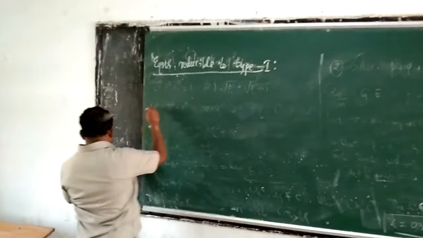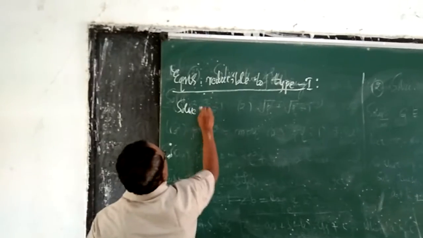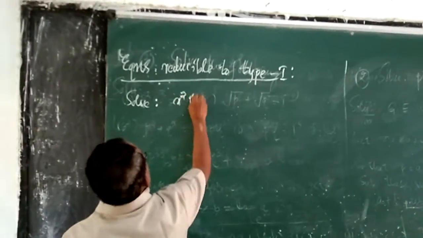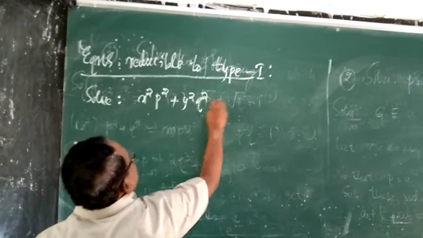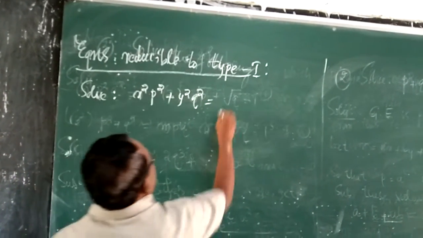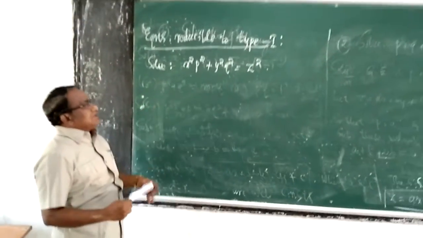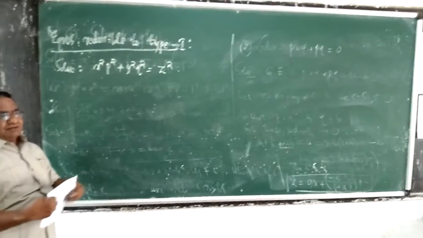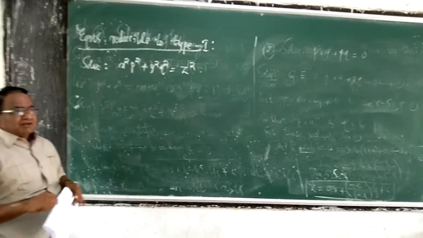Solve this equation: x squared p squared plus y squared q squared is equal to z squared.